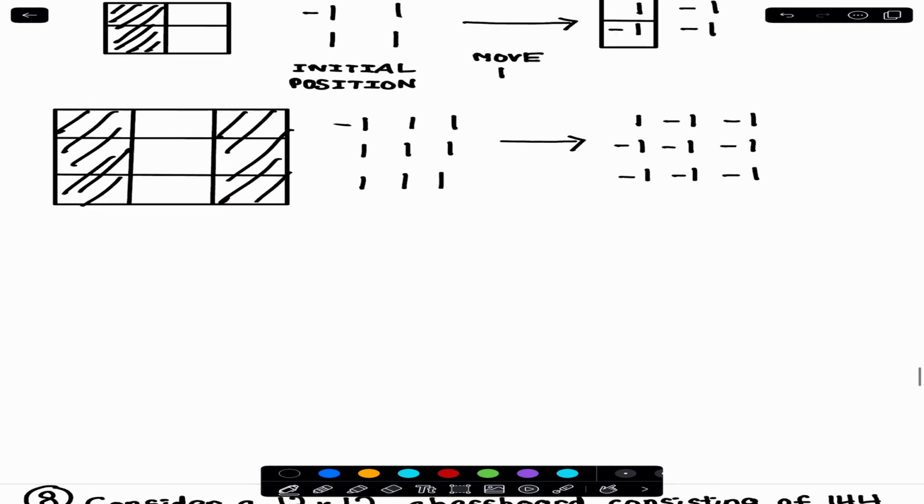So what does this tell us? This tells us that the negative 1 cannot be on a black square.